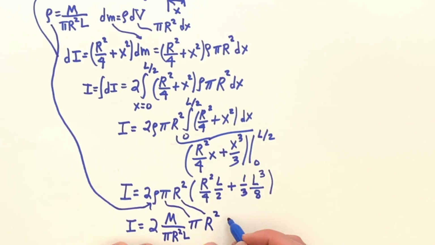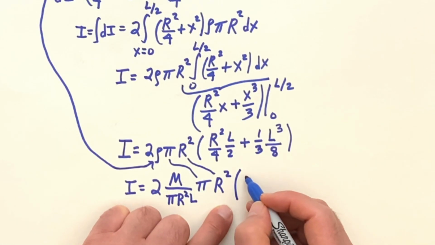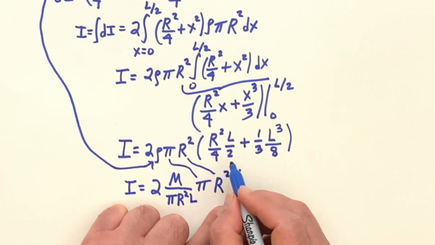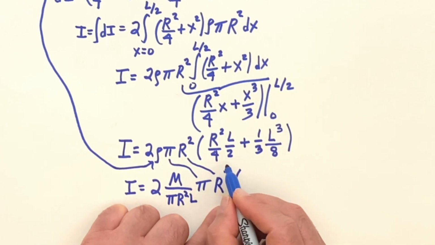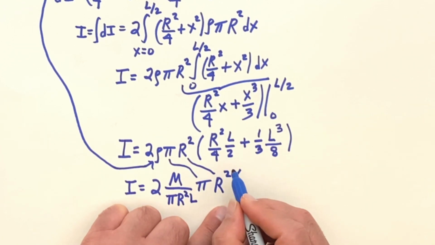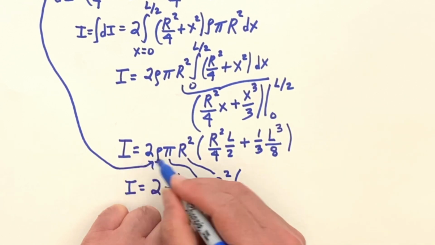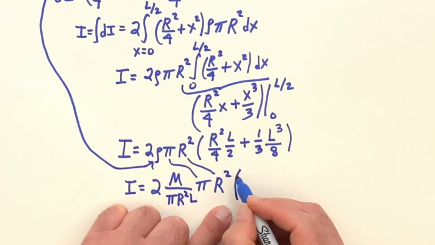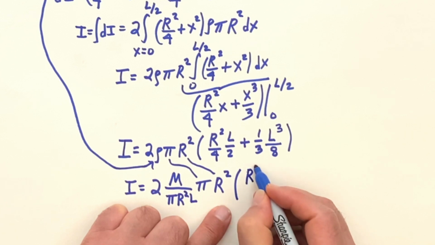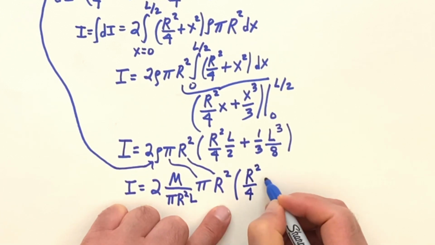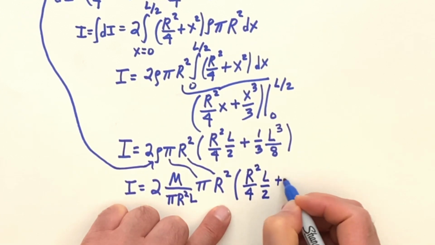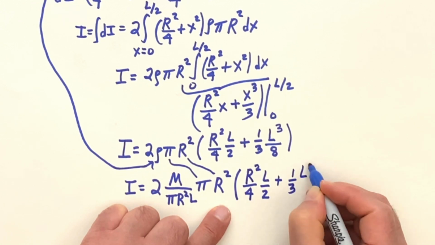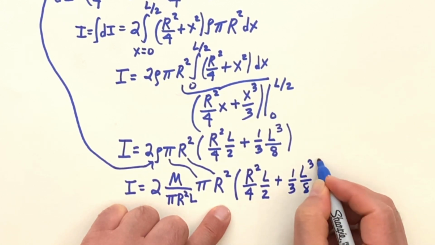And then I notice that there's a 2 that's going to cancel. I'm just going to hit and leave it for now. I'll get it in a second. L over 2 plus 1/3 L cubed over 8.